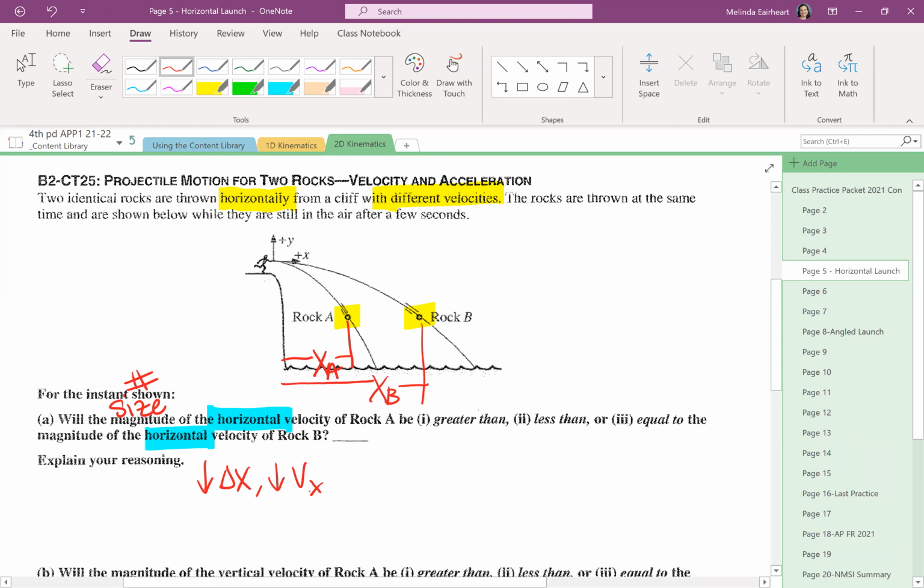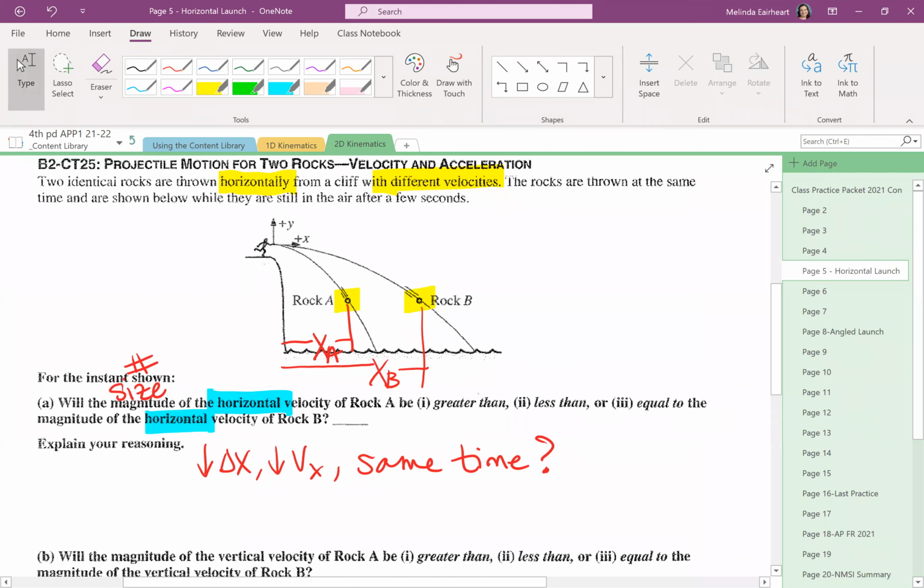That's only true if they have the same time. So I'm going to say question mark. Do they have the same time? How do you know they have the same time? It just says they're thrown at the same time, right?